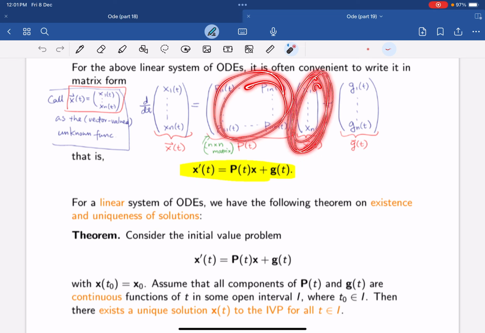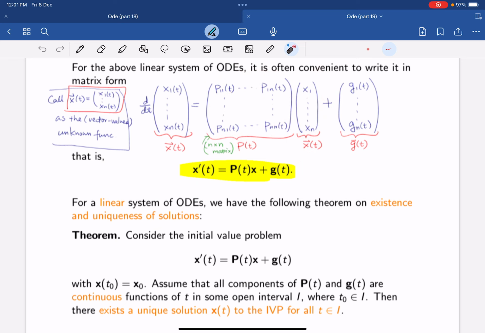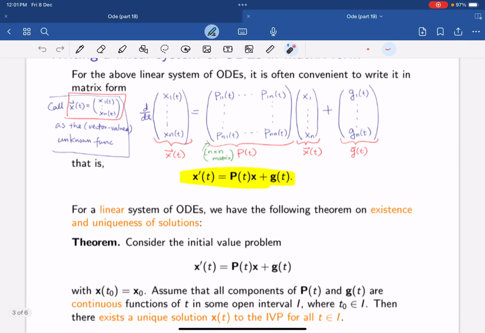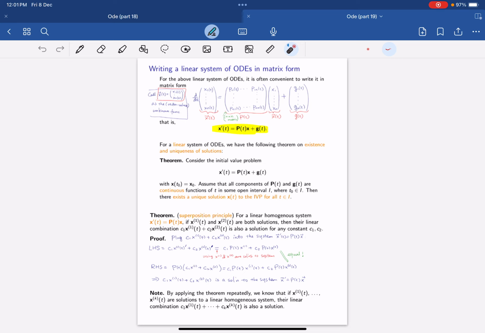The x1 to xn are the variables, and g of t will be all the terms that are just functions of t, put to one side as a column. If this part is zero, then it is homogeneous. If not, it is not homogeneous.